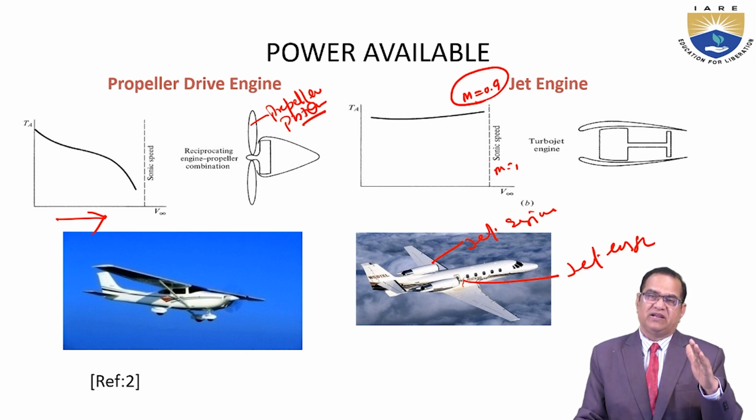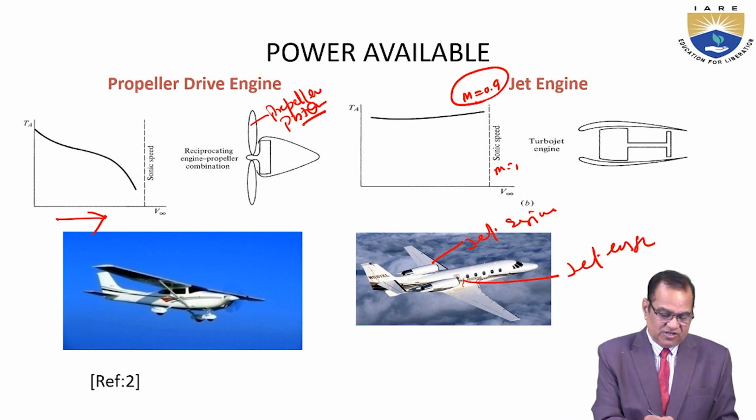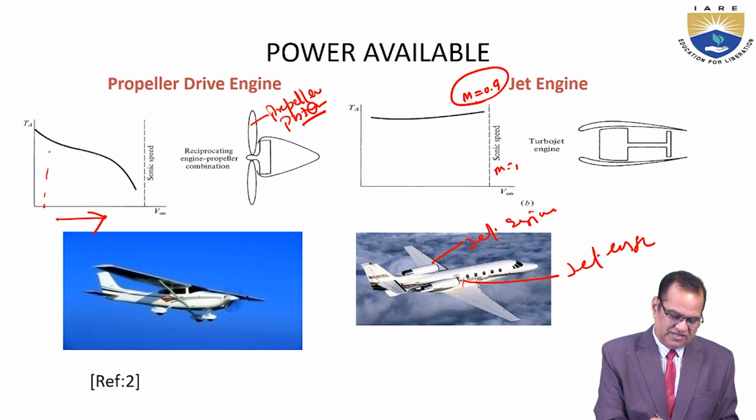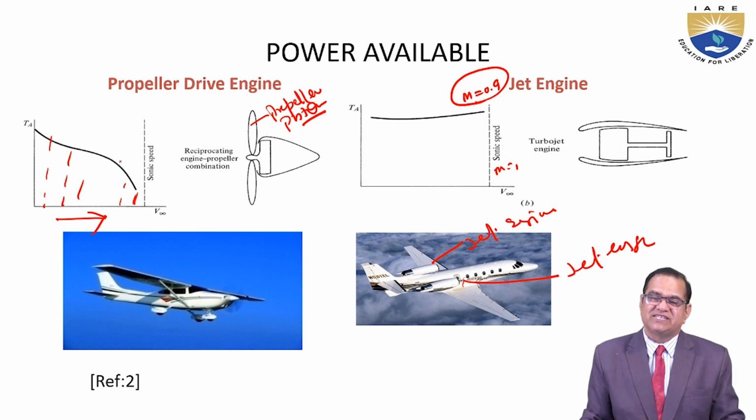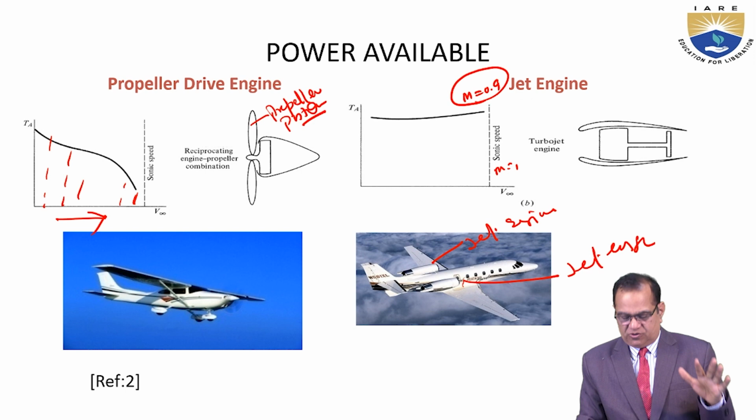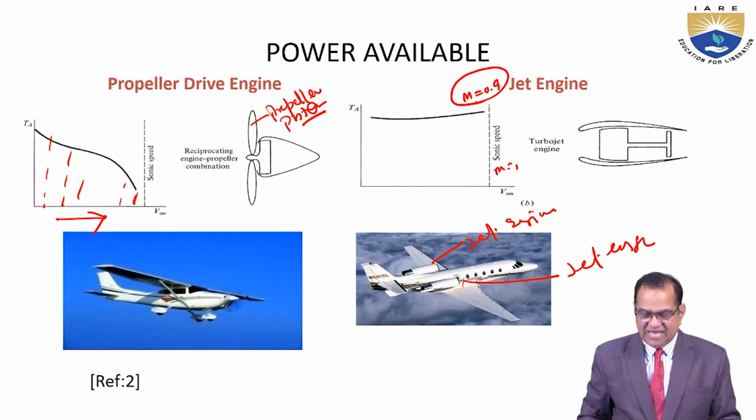For the propeller IC engine aircraft, you cannot go to very high speed. At low speed, it will give more thrust. As you increase the speed, thrust available is very little. So it cannot climb, and it cannot do as many maneuvers as the jet aircraft can perform.